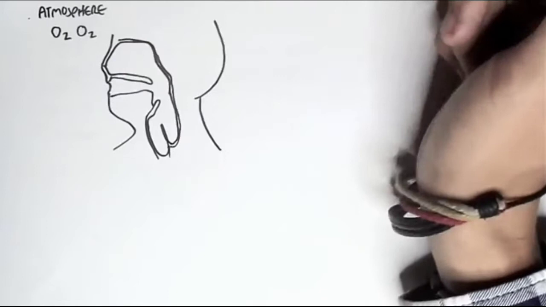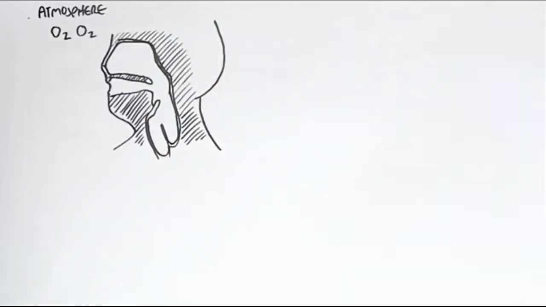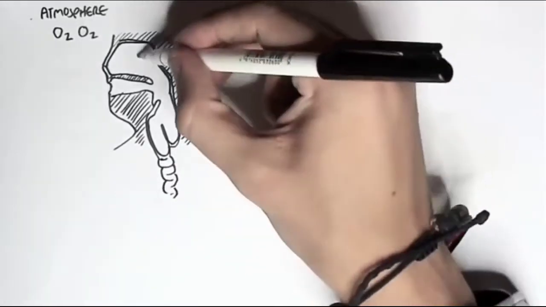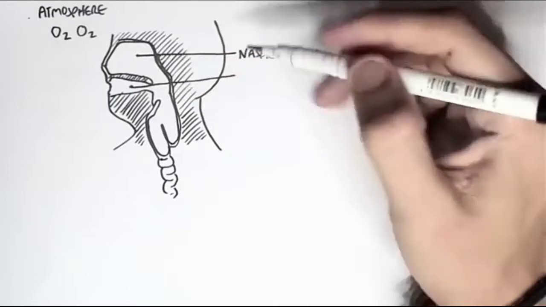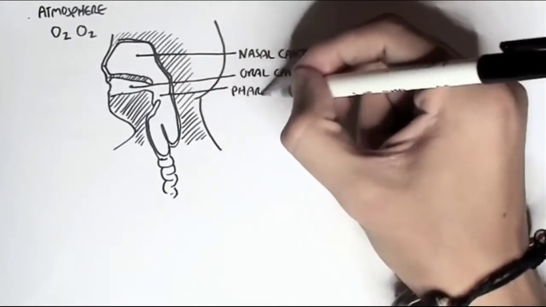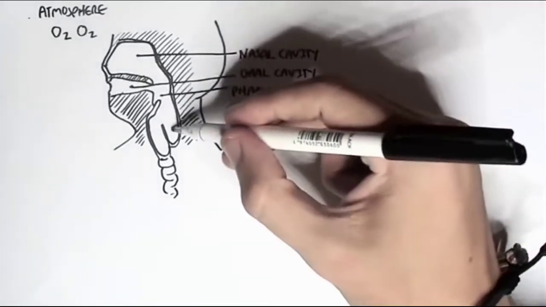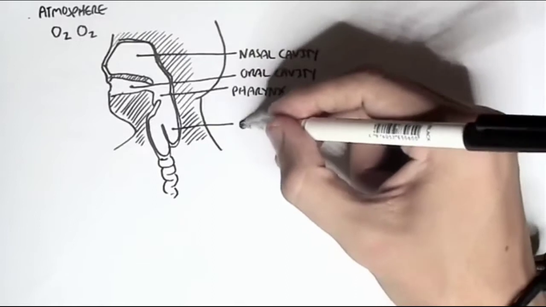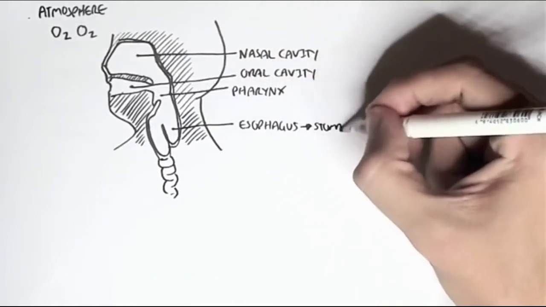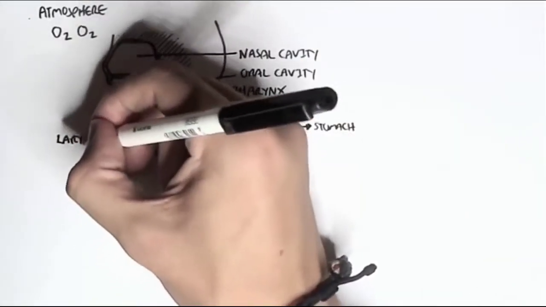I'm going to shade some areas so you can see the different parts of the respiratory tract. So here we have the nasal cavity, this is the oral cavity, this is the pharynx, and then we have the esophagus at the back, which leads to the stomach, and then we have this section, the larynx.